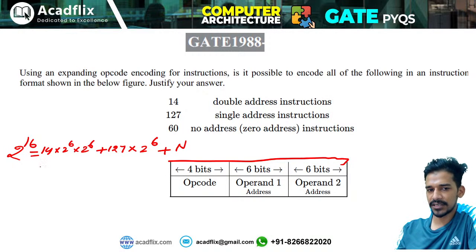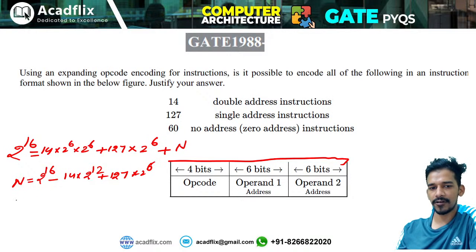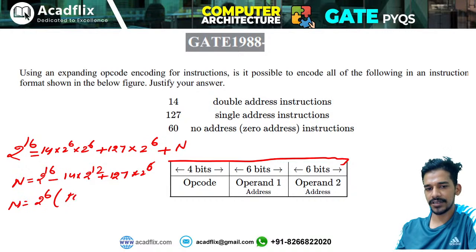So number of zero address instructions will be n equals to 2 to the power 16 minus 14 into 2 to the power 12 plus 127 into 2 to the power 6. Okay, from here you can take the common 2 to the power 6. This will become 1024 minus 14 into 64, and this will be minus 127.